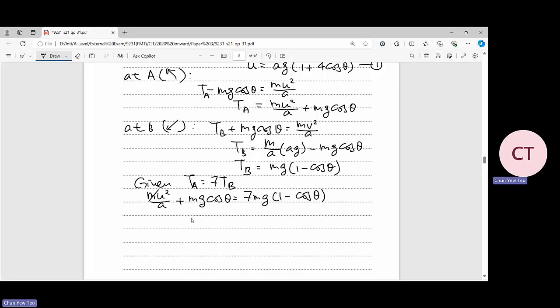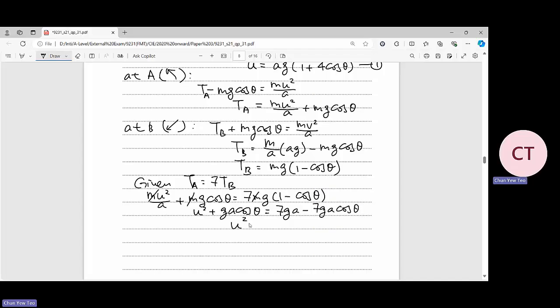Then we get u square over A plus g cos theta is equal to 7g minus 7g cos theta. I forgot to cancel all the m. Forgot to write down the A as well. 7gA minus 7gA cos theta.